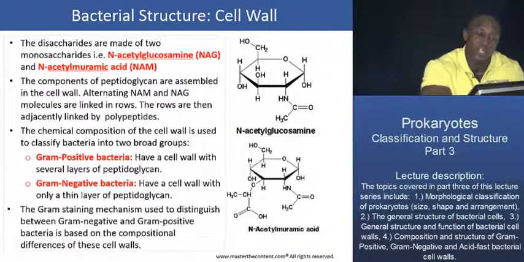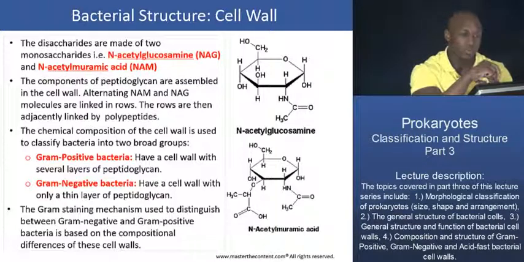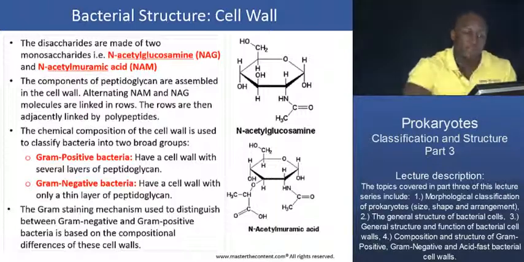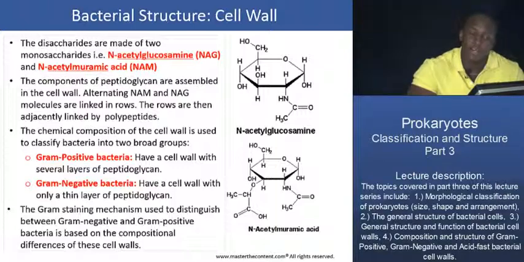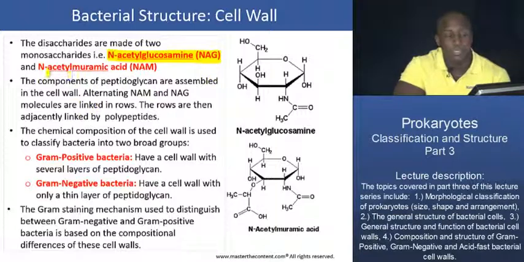Now, so those disaccharides I just mentioned. We said peptidoglycan is composed of repeating disaccharide units. It's a polymer. So let's talk about those individual disaccharide units. There's two main kinds that you will find. The first one is N-acetylglucosamine, sometimes abbreviated as NAG, or N-acetylmuramic acid, abbreviated as NAM.